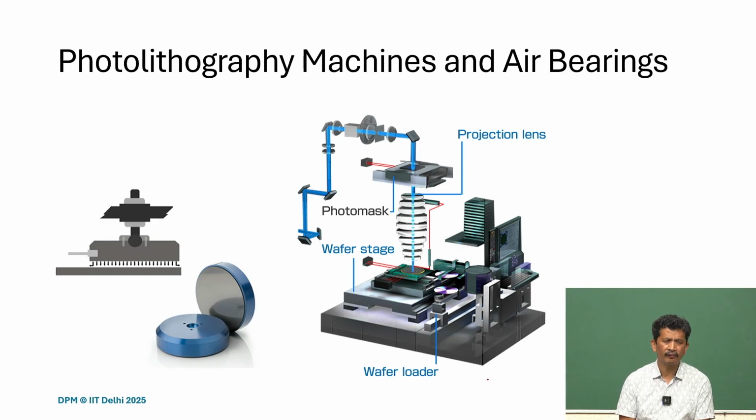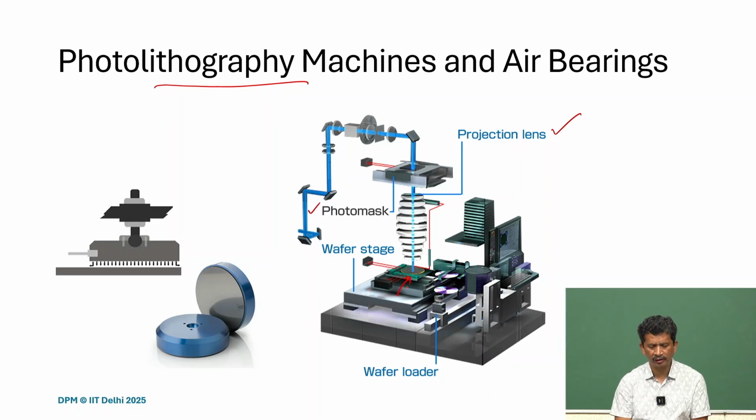Another very good example is photolithography machines, and the construction is shown here. And of course, we have the projection lens and photo mask, and we shine a light, and then that will be shined on the wafer through that projection lens, and this has to be moved at a very high speed, but very precisely.